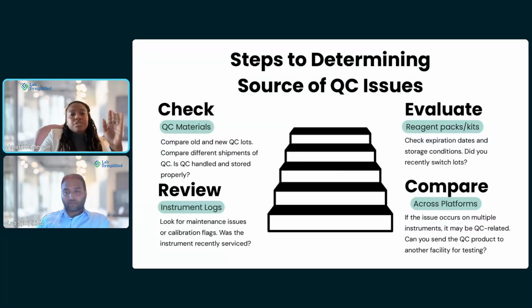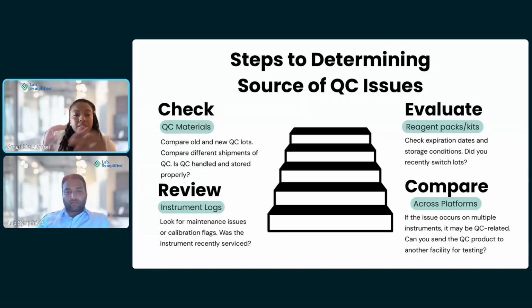Steps to determining the source of your QC issue. So you run your QC, it's been fine all week. All of a sudden you've gotten to the middle of the week, your QC, I don't know, for sodium, has shifted up or it's outside of the 3SD range. The first thing we want to do is check our QC material.